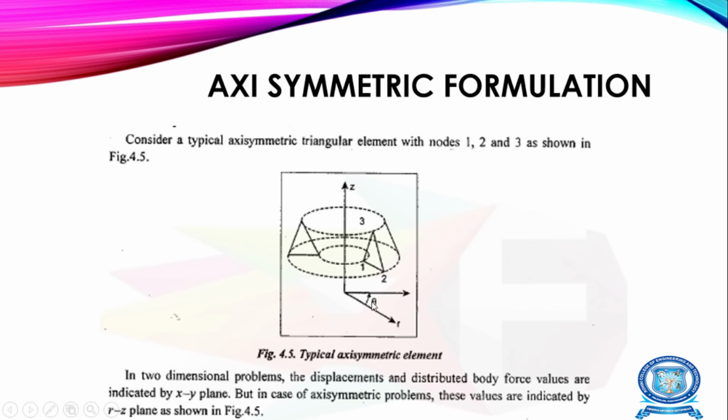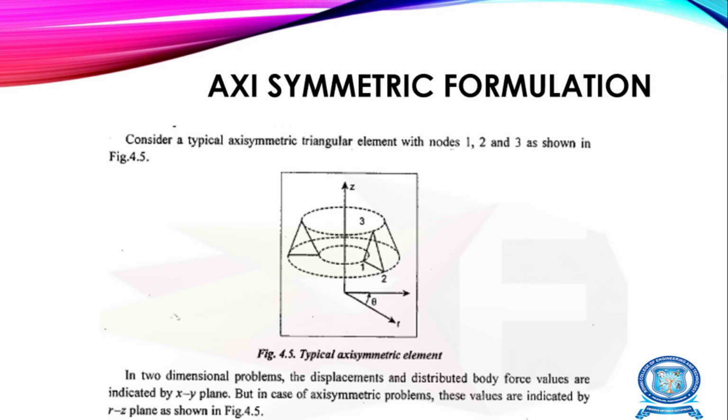There are two planes, the xy plane and the rz plane. The displacements and distributed body force values are indicated in this xy plane. But in the case of axisymmetric problems, these values are indicated in the rz plane.